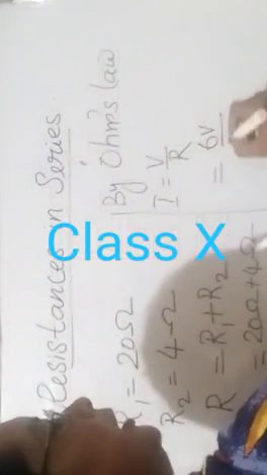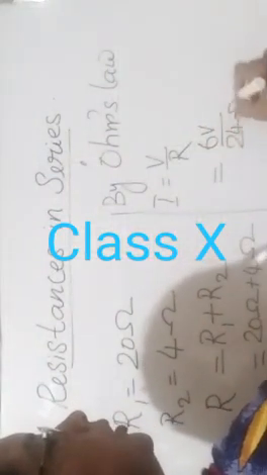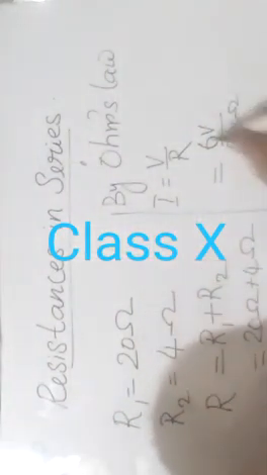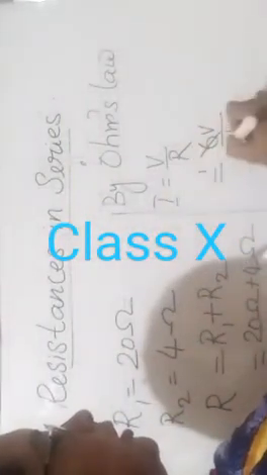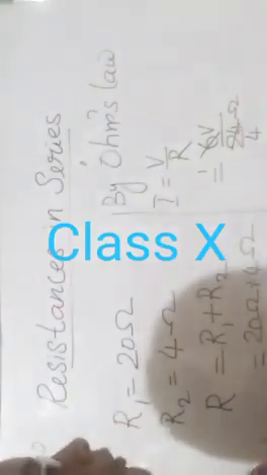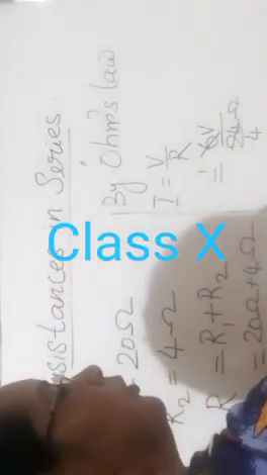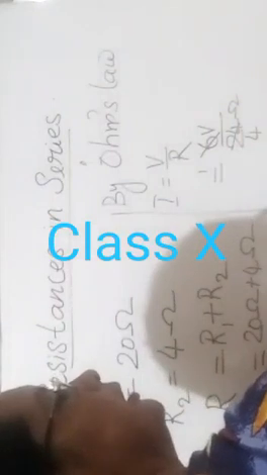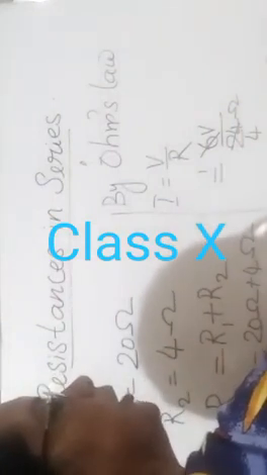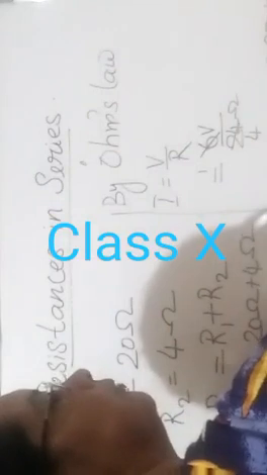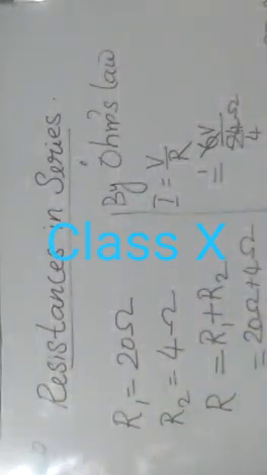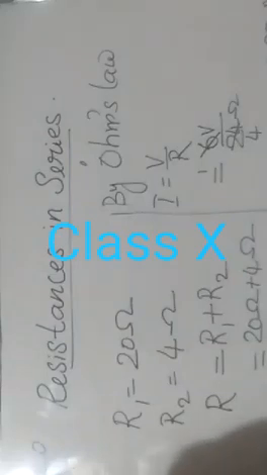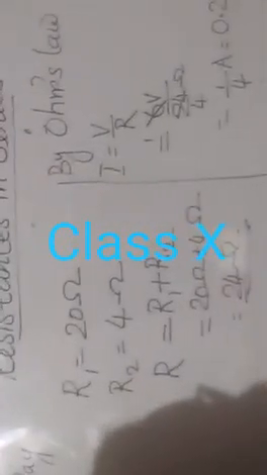So 6 volt by 24 ohm, that is equal to 6 by 24. Means we can cancel 6. 4 sixes are 24. So 1 by 4 ampere, that's equal to 0.25 ampere. So 1 by 4 means 0.25 ampere is the correct answer. Okay, so you have to note it down.